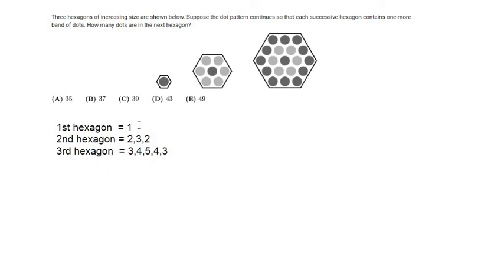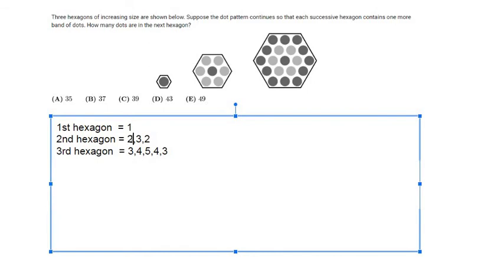The first hexagon starts with 1, the second hexagon starts with 2, the third hexagon starts with 3, and then each one of the hexagons has 2 times that. That's the middle one, and this is the top one.